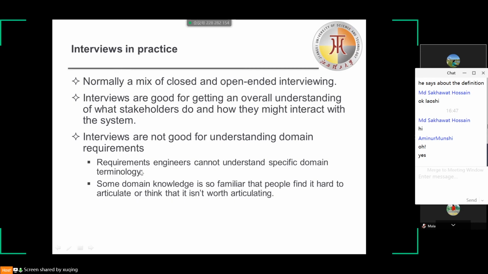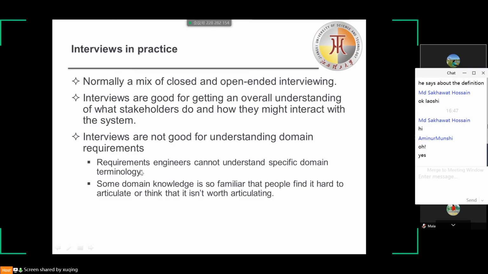And they normally use terminology in a precise and subtle way that is easy for requirements engineers to misunderstand. So it is difficult for us to get useful information with this domain terminology.